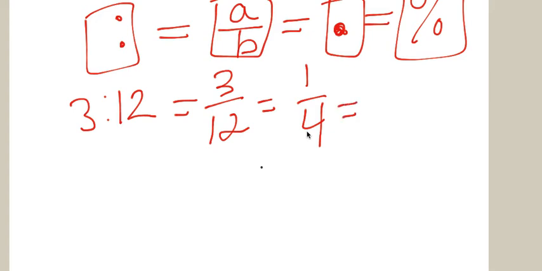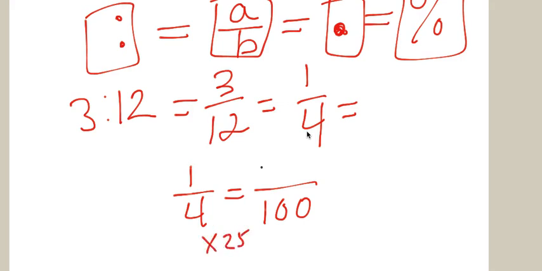Well, again, as a decimal, it's going to be over 10, which 4 does not go into, but it can go into 100 or 1,000. 4 does go into 100 25 times. Same thing on top.